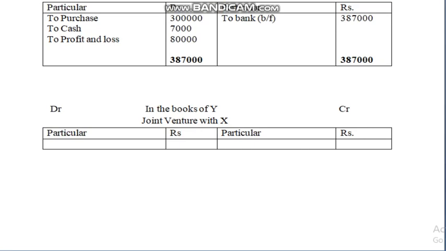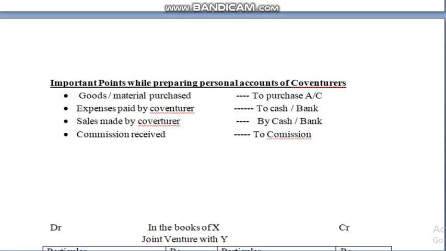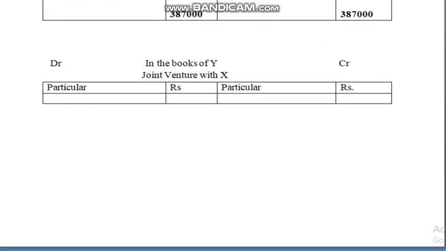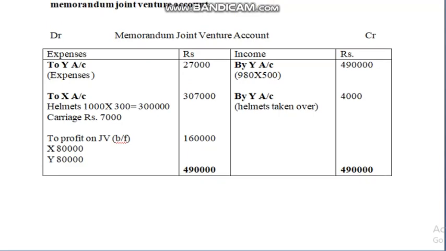So Y personal account. So in Y account, we should record only the transactions relating to Y. So the first transaction is relating to Y. So this transaction is for expenses. So expenses is debited with cash or bank. So here to cash. So how much? The Y account is 27,000.